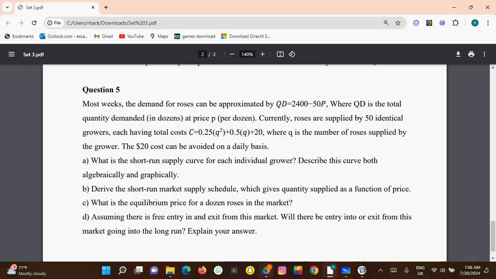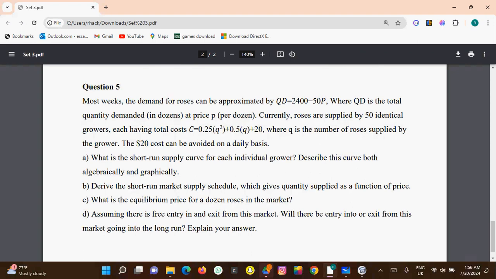So this means that we have to derive the market supply function, right? Basically, this is the individual supply function.